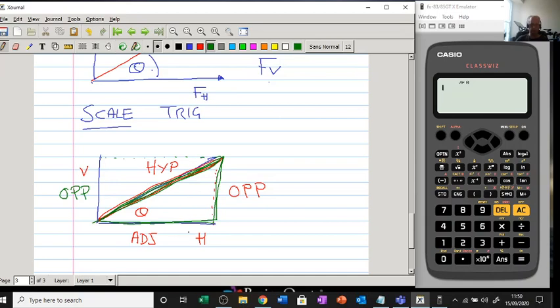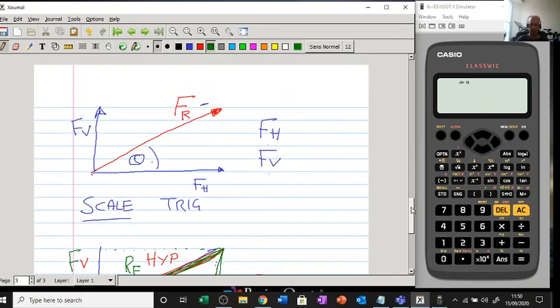So this is my horizontal force here, which is the same length as my adjacent. This is my vertical force up here, which is the same length as my opposite. So there's my right angle triangle, and this hypotenuse here is my resultant force. That's the force.